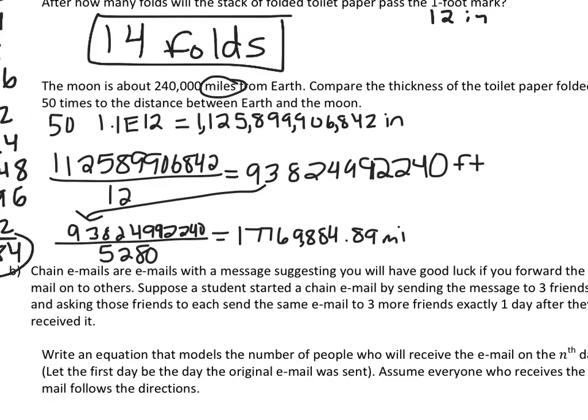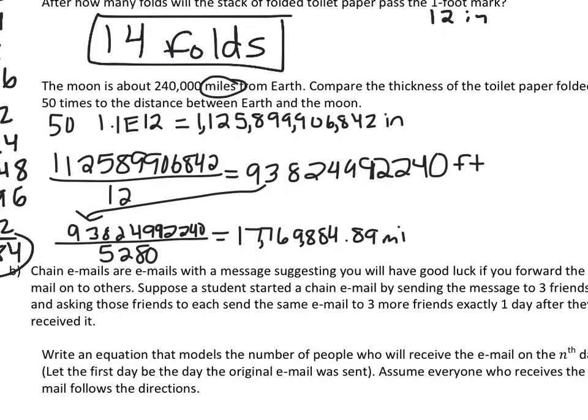Okay. So if we were to fold a piece of toilet paper 50 times, the thickness would be 17,769,884.89 miles. That is really quite a concept to think about.